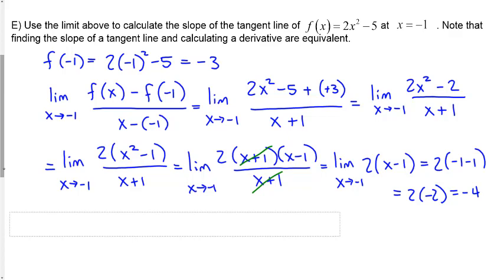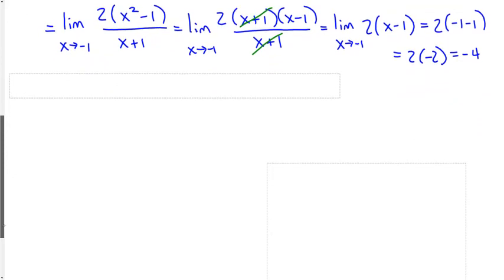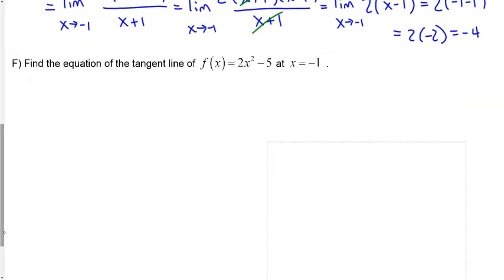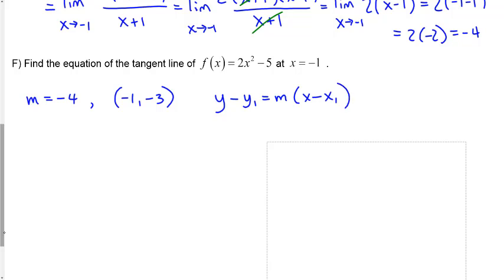Okay, and just for additional practice, let's find the equation of the tangent line of f of x equals 2x squared minus 5 at x equals -1. So that just means taking the slope, which is -4, along with the coordinate -1, -3, which is a point that's on the curve, and plugging that into the point slope form of a line, which if you don't have that memorized, go ahead and lock it in, because that's going to get used quite a bit in calculus.